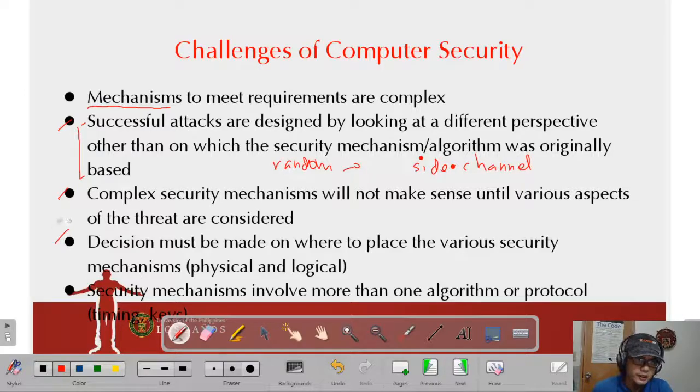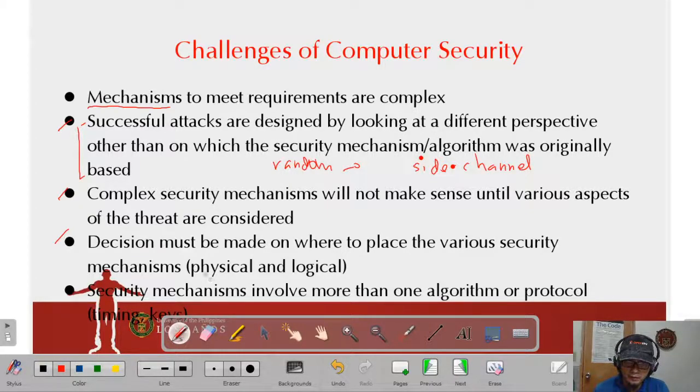The fourth one is decisions must be made on where to place the various security mechanisms. So we've developed a security mechanism to prevent or address a particular threat. Now, where do we place this mechanism?